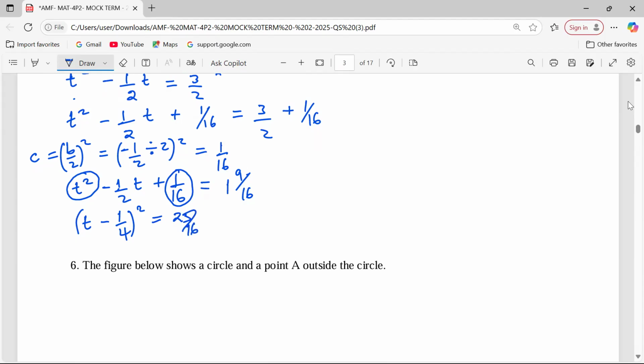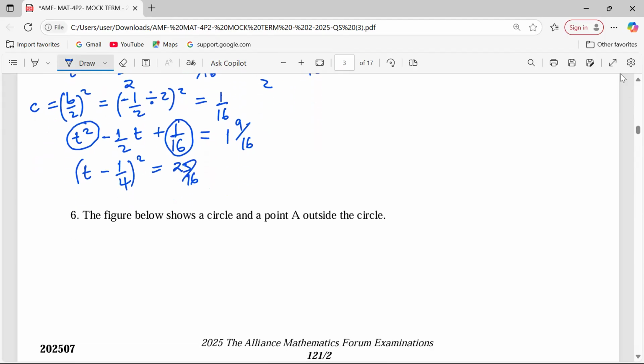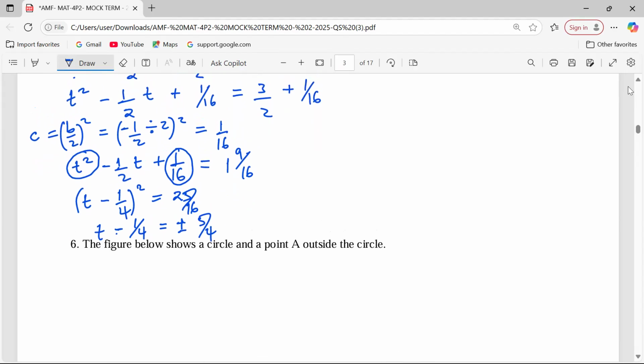From this point, I can take the square root of both sides to remain with t minus 1 over 4 equals to plus or minus 5 over 4.